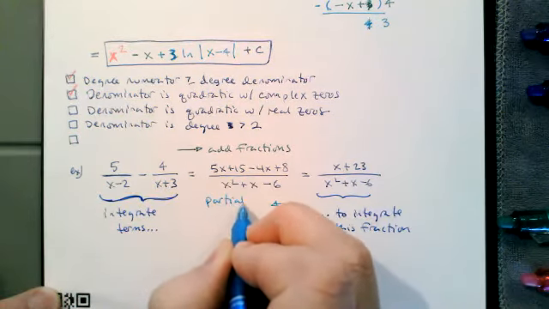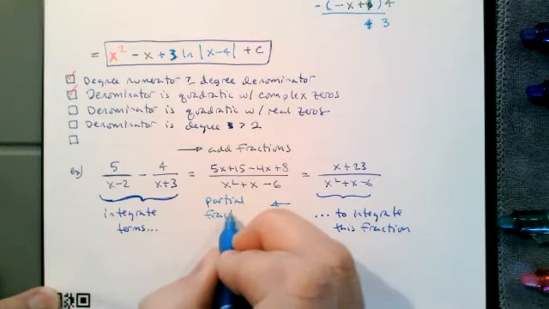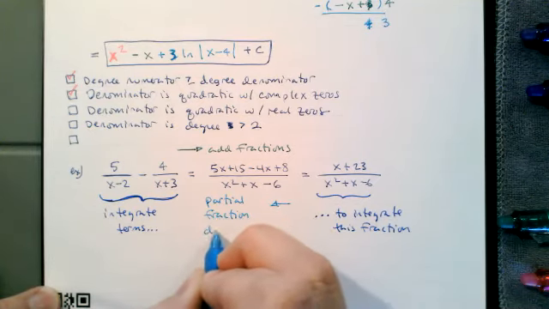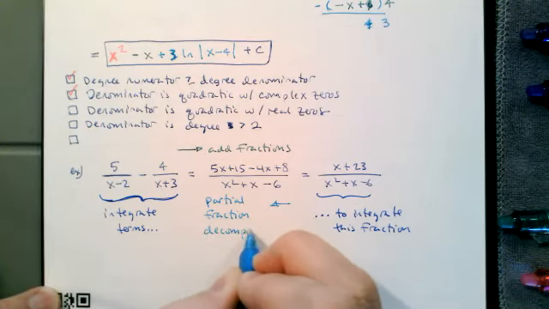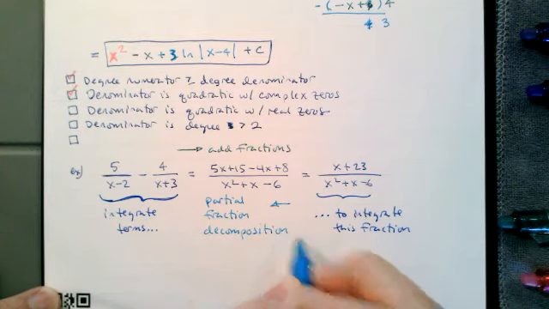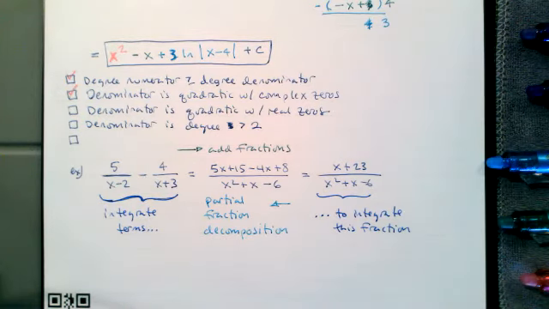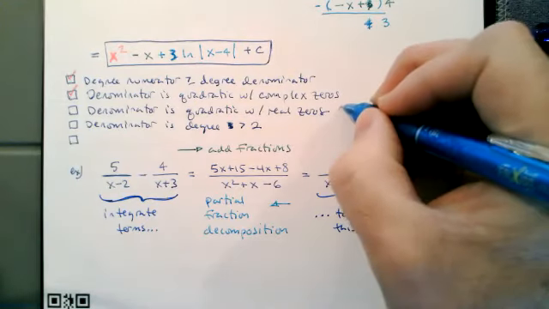Partial fraction decomposition. This is what we do if we have a denominator that is quadratic with real zeros. We do partial fraction decomposition, PFD.